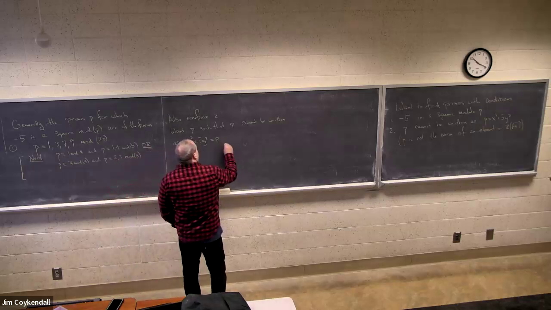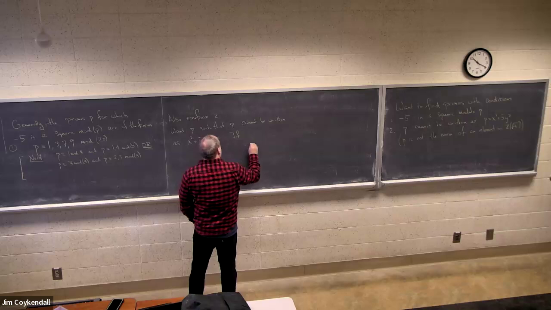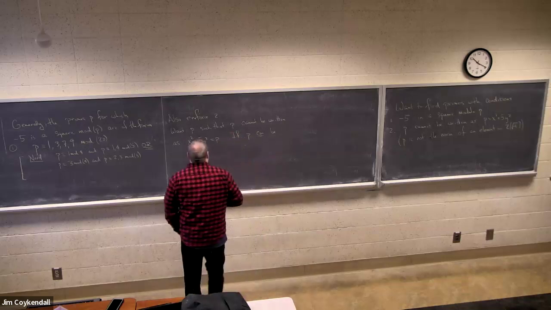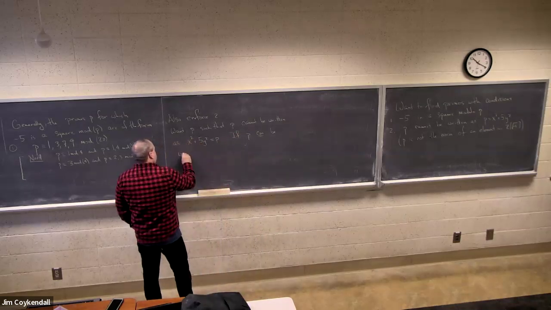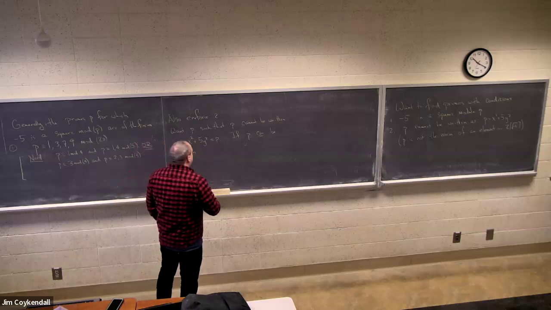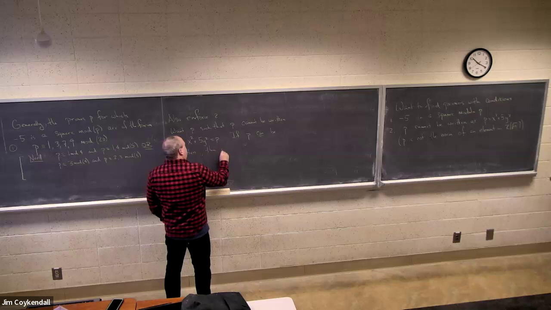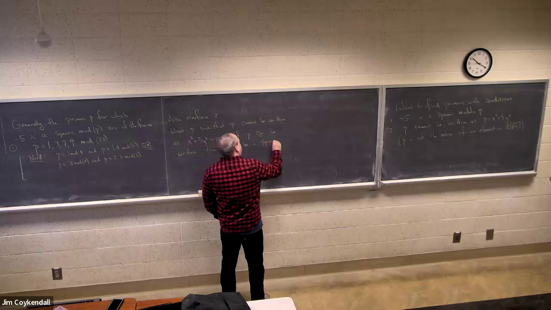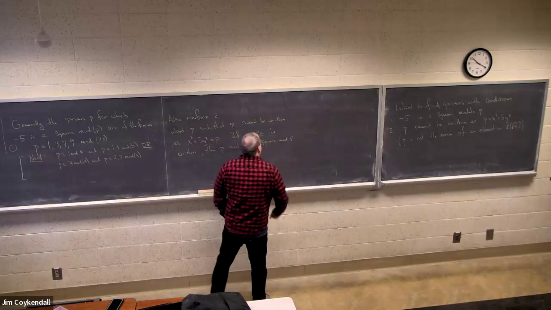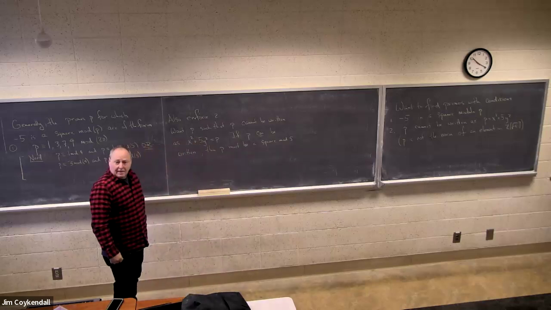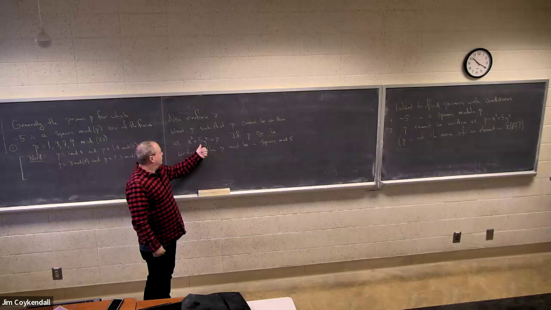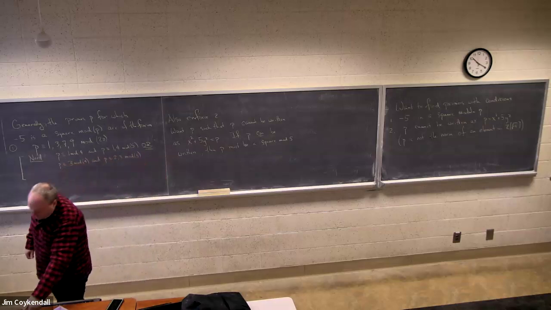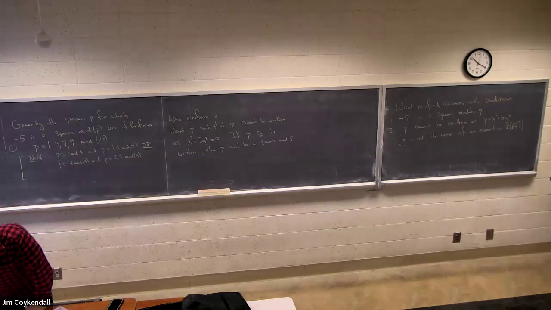Well, if P can be written in this form, then P must be a square mod 5. Everybody agree with that? So if you could ever write x squared plus 5y squared is P, mod 5, you must have that x squared is equivalent to P mod 5. So P is a square mod 5.